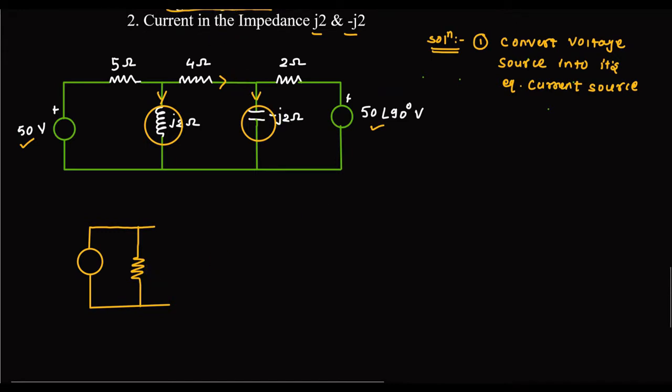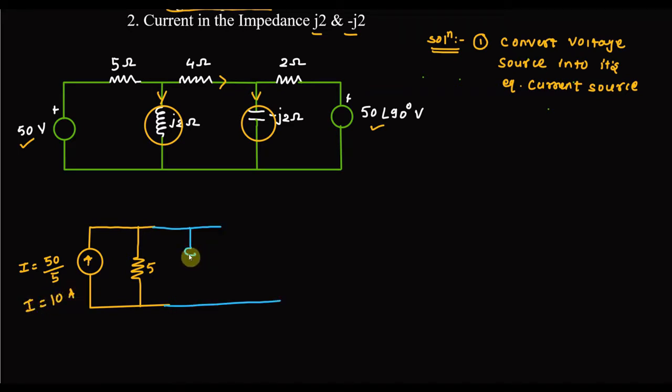So that value of the resistance is 5. What will be the value of current here? The current is simply voltage by resistance. So voltage is 50 and resistance is 5. So this value of current comes out, and then there is j2 ohm.